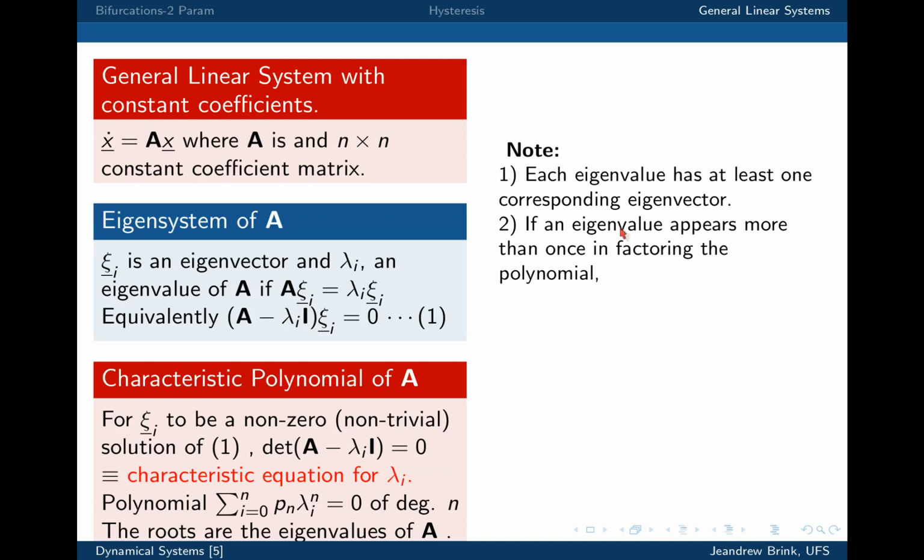So if the eigenvalue appears more than once in factoring the polynomial, we call it multiplicity 2. In other words, if you have a polynomial that is x minus 4 squared, then the eigenvalue 4 has multiplicity 2. Yes? X minus 4 squared, I think solutions are minus 4 and 4.